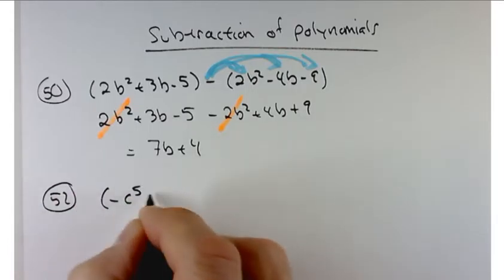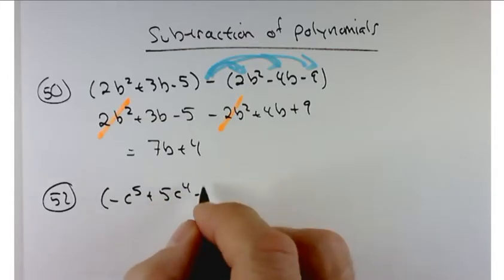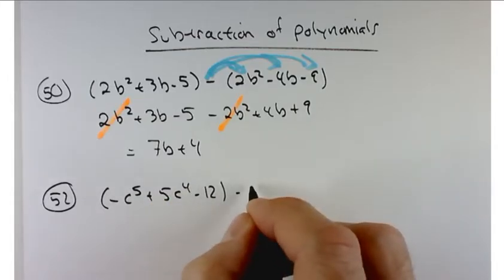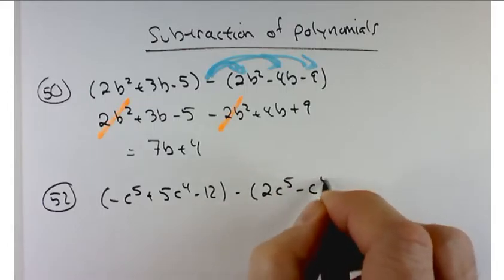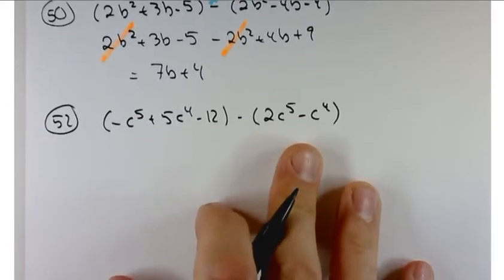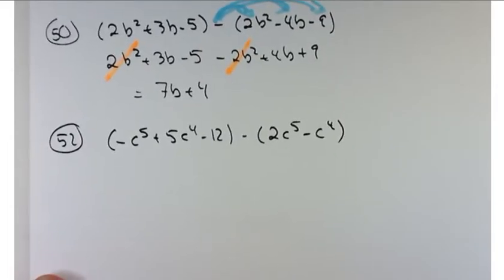Negative c to the fifth plus 5c to the fourth minus 12, minus 2c to the fifth minus c to the fourth. So like the last one, distribute that negative first. And then see about combining like terms.